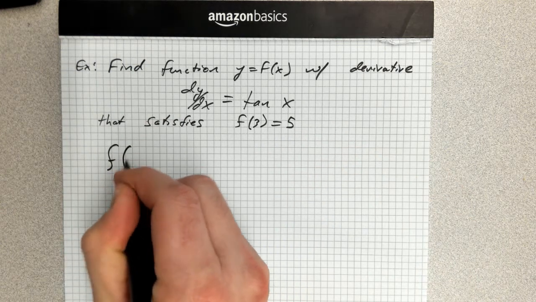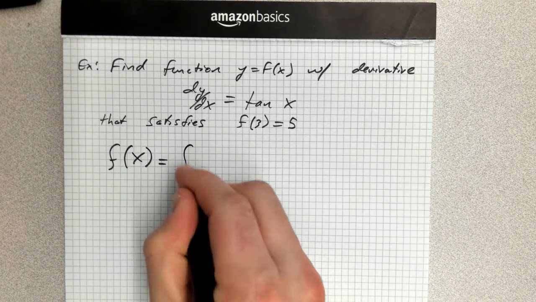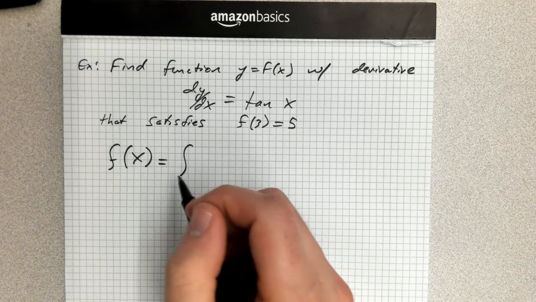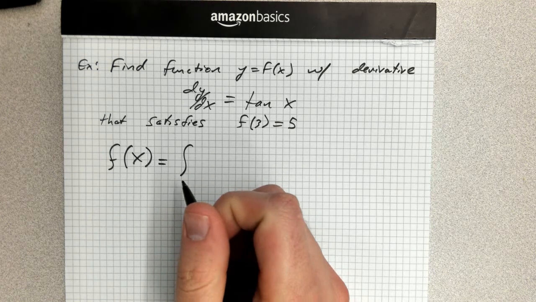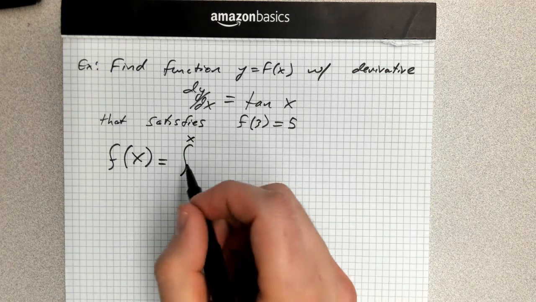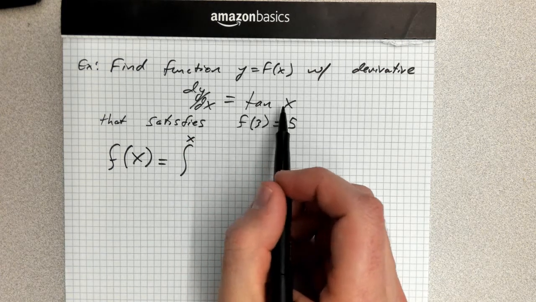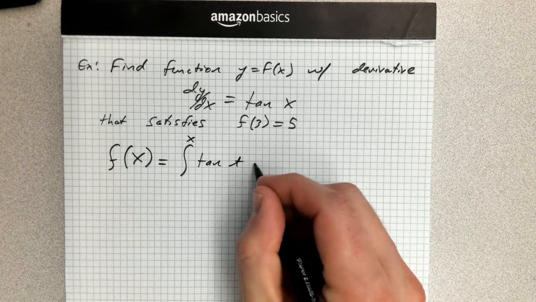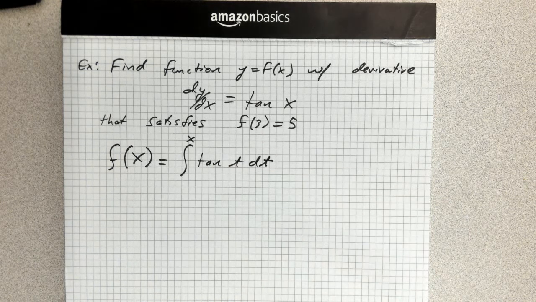F of x is equal to the integral from, now the lower bound here doesn't matter, we're going to leave it blank for right now, up to x. And then inside the integrand, we're going to put tangent of t dt.